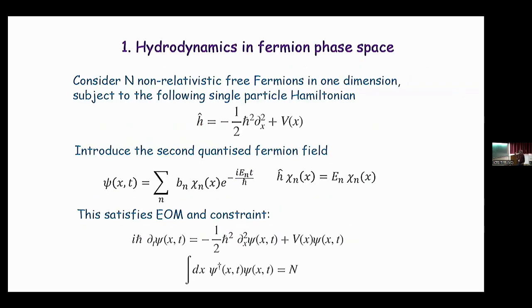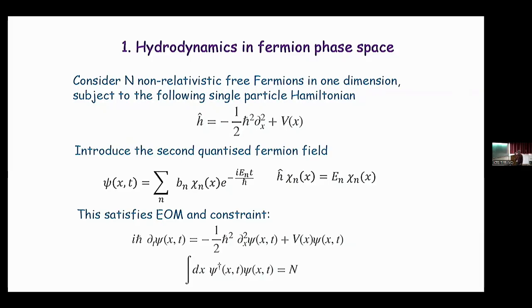Okay, let's go. So we're going to discuss hydrodynamics in fermion phase space. The system is non-relativistic free fermions, n number of them, each subjected to this single particle Hamiltonian in some external confining potential.